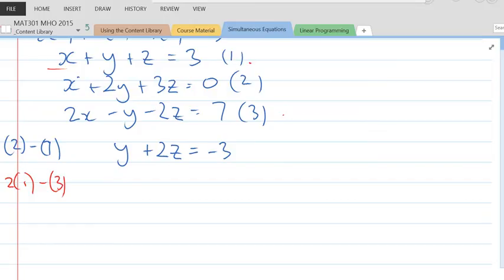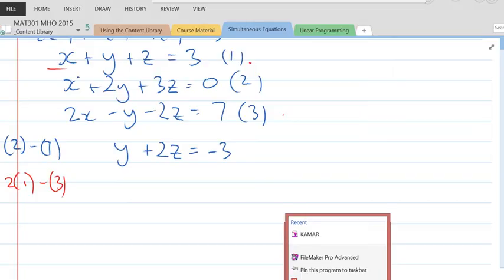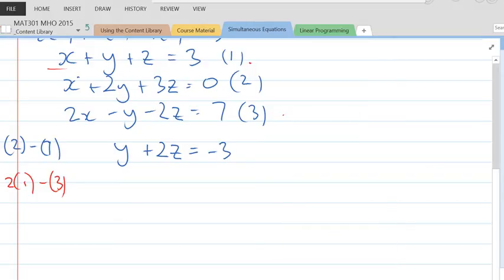So 2 times 1 is 2x, take away 2x is 0. 2 times y is 2y, take away minus y is plus, so it's going to be 3y. And then I've got 2 times z, take away minus 2 is going to give me 4z. And 2 times 3 is 6, take away 7 is minus 1. So now there's my two equations, and I need to solve those guys.